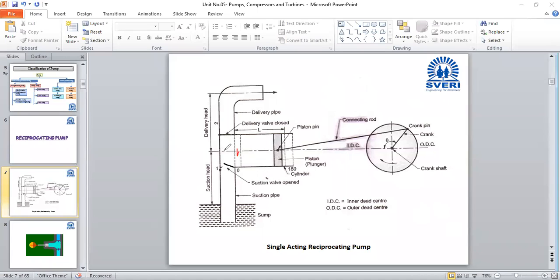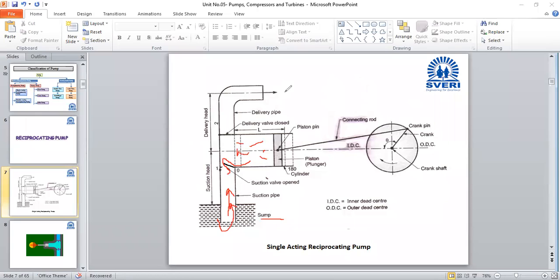To fill that, the suction of water takes place from the reservoir, here from the sump, and it accumulates in the space in the cylinder in the first stroke.